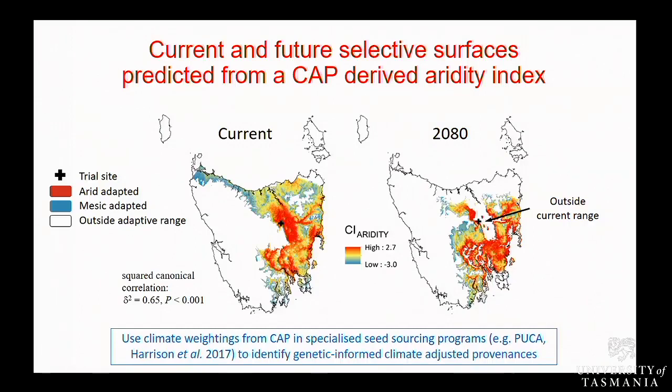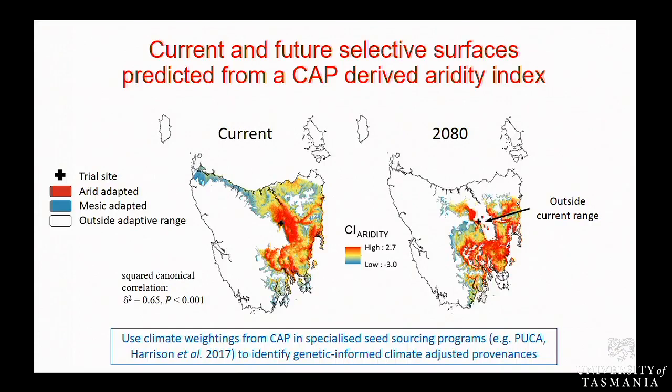So we can actually use these surfaces in an applied sense to help identify where we might choose our provenances for seed collections. If we were doing restoration in the southeast here, based on its predicted selection, we may be best to supplement the local seed with seed collected from these arid adapted zones.